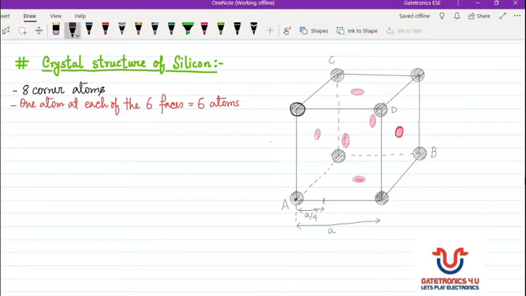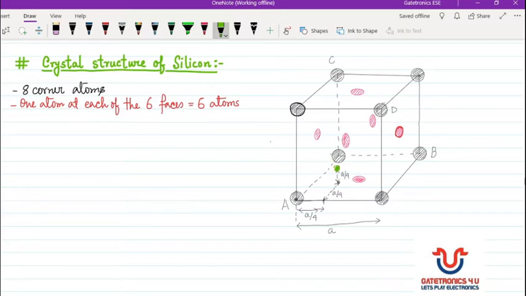So if I move a by 4 distance from this A point, and from this point if I move a by 4 distance in this direction, so this is also a by 4, and from this point if I move in the upward direction by a by 4 point, then we will get a position here, and at this position there will be another atom.